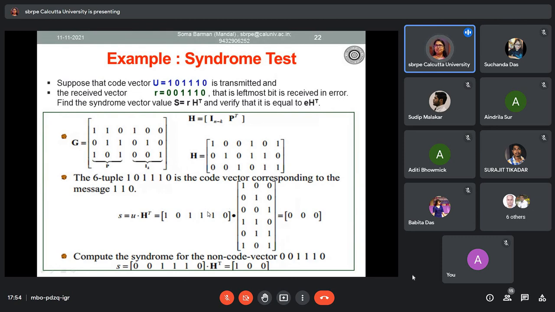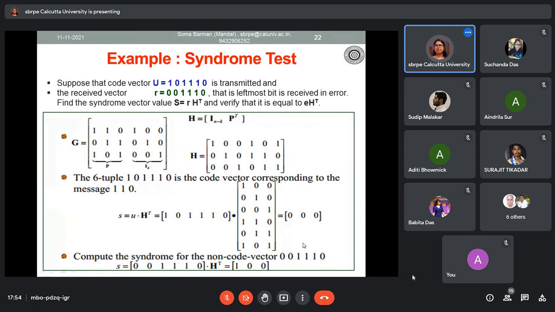But actually the receiver will not check this. The receiver will check this other thing. So what does the receiver receive? The receiver receives 0 0 1 1 1 0, and H transpose is this. When the receiver checks this, after calculation it gives 1 0 0.